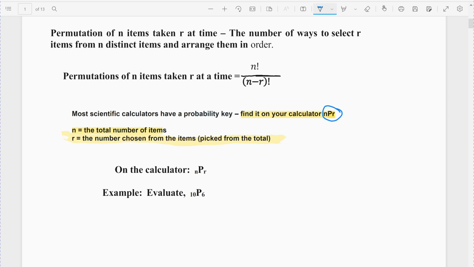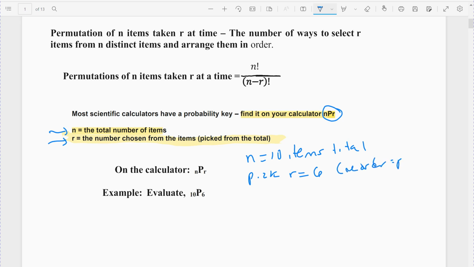There are lots of videos out there to show you how to do that, and since everybody could technically have a different calculator, you look up the way you can do it on your calculator. So on the calculator, it's permutation n, P, r. n is the total, r is how many you're picking. An example: 10P6, meaning I started out with 10 items total, or 10 people total, and I'm going to pick r of them, which is 6 in this case, and then reorder them.